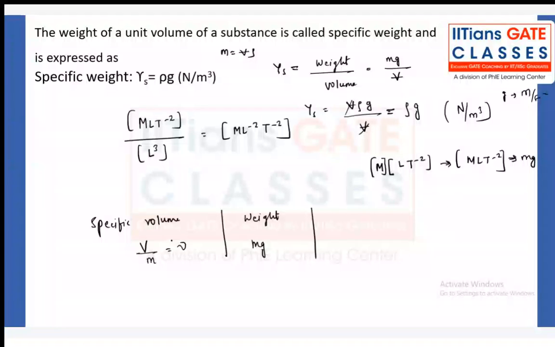A specific volume is basically an intensive property which is defined as the ratio of a substance's volume to its mass. But weight is the total weight of a particular fluid element. How much volume is there per unit mass, that is the specific volume. Are you understanding? Where exactly is specific volume used? Basically in thermodynamics, whenever we are dealing with the topic called pure substances, there the use of specific volume is very, very high, right?